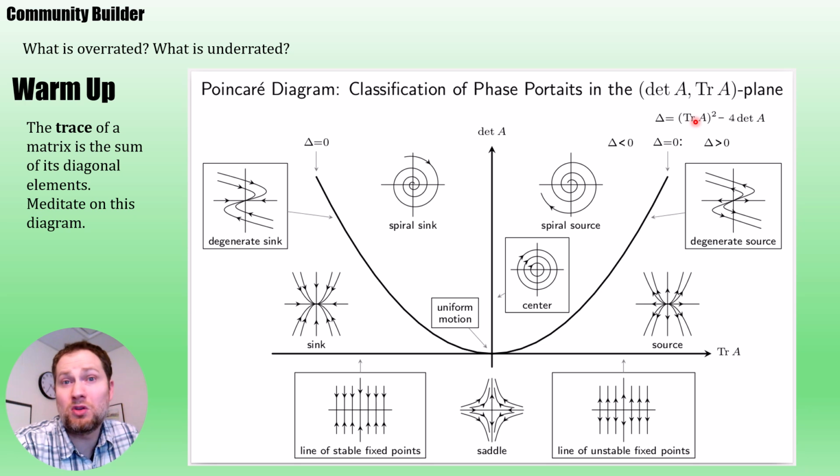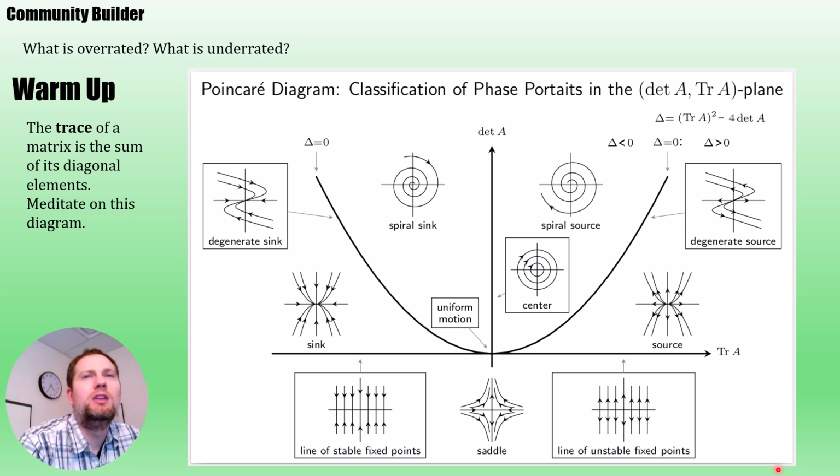So its characteristic equation is quadratic, like we've seen so many examples of. And that quadratic has, for its discriminant, if you were to use the quadratic formula, the part underneath the square root, this quantity, where the trace and the determinant are computed in the way we have described and that you know well. Give it a try with a matrix, and you'll see that it always works out.